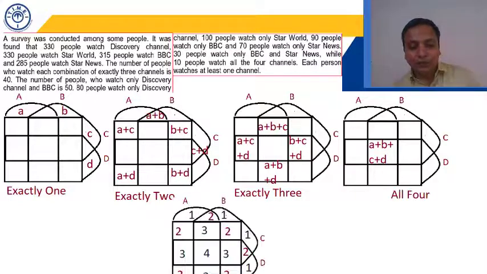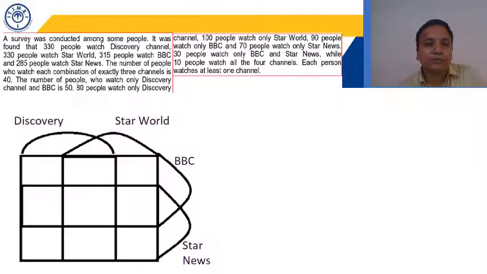We can write in a short form also. For ABCD we have written the region as 1. 1 means that they come under exactly 1, those who are reading 1. 2 denotes the regions which are reading exactly 2. Then 3 and then 4. Now let's move to the question.